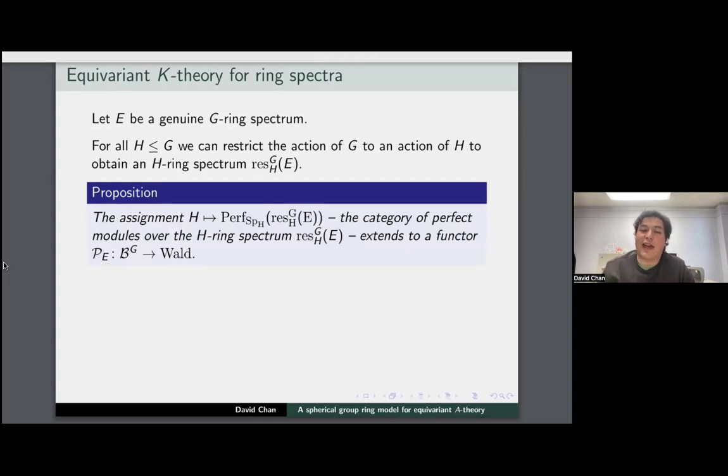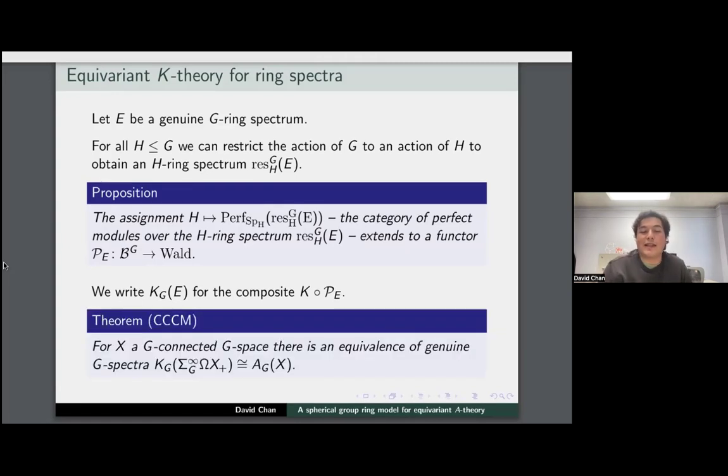But you could send H to the category of perfect modules over the restriction from G to H of E. This is a perfectly good, nice Waldhausen category. And I claim that this actually extends to a functor from BG into Waldhausen categories. We write K_G of E for the composite: we take BG into Waldhausen categories, hit it with K-theory at the end. And the theorem is that if X is connected, then this is an equivalence of genuine G spectra from the spherical group ring to the equivariant A-theory of X.